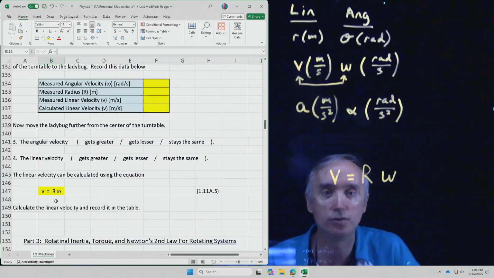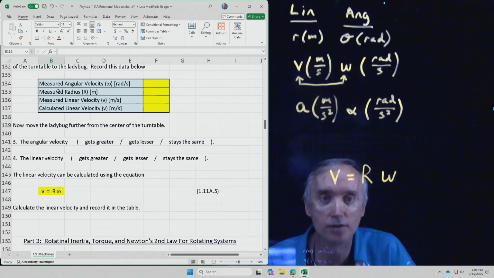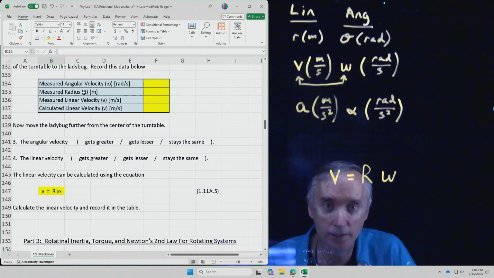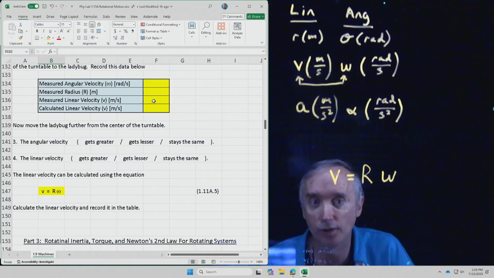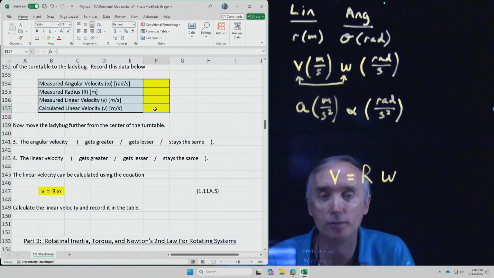So I want you to calculate the linear velocity. At this measured radius, you should now have the omega. You should know what the radius is, and you should be able to calculate its linear velocity. So you'll measure it, then calculate it, and put it in these two boxes. And they should line up pretty much the same.